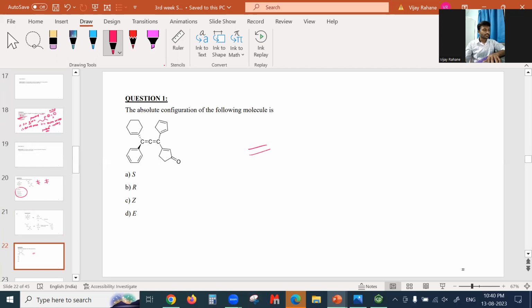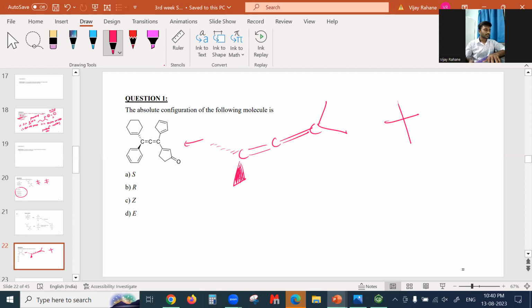In this carbon skeleton, these are the carbon atoms which have a bond like this and another bond, and let's say this is downside and this is above the plane, and these two are in the plane. We just need to convert this molecule into a 3D structure.